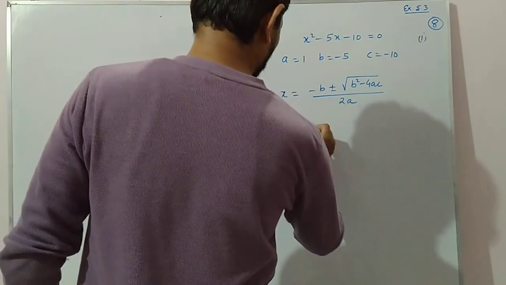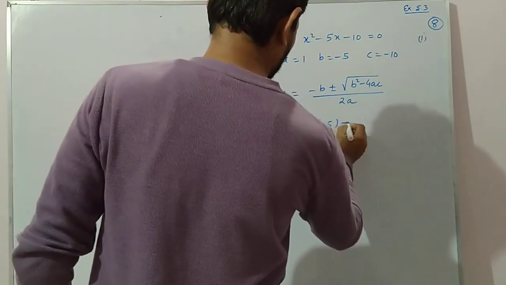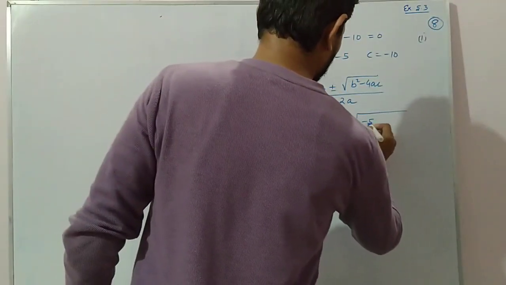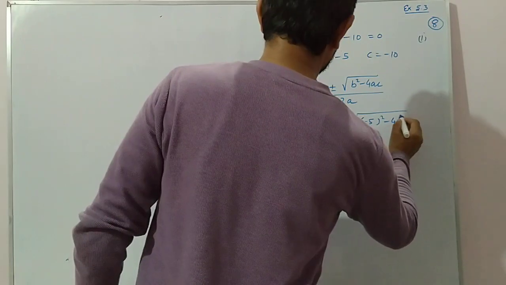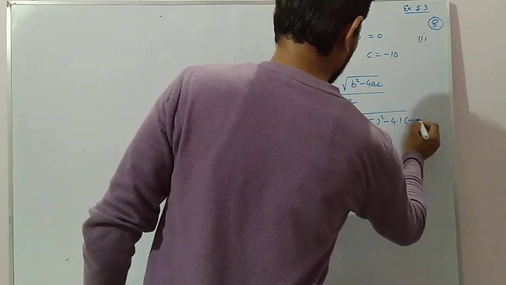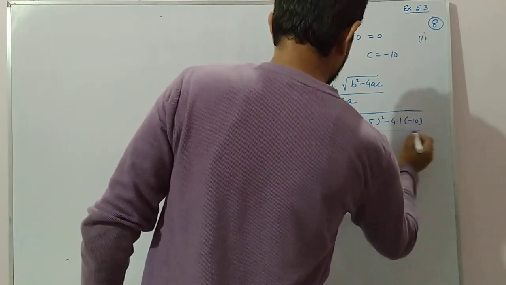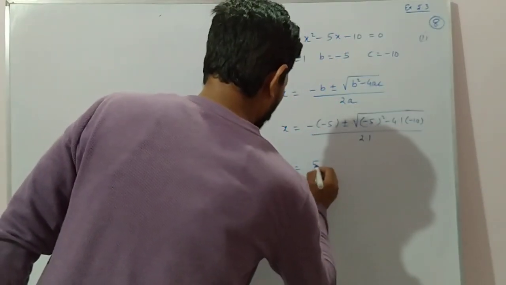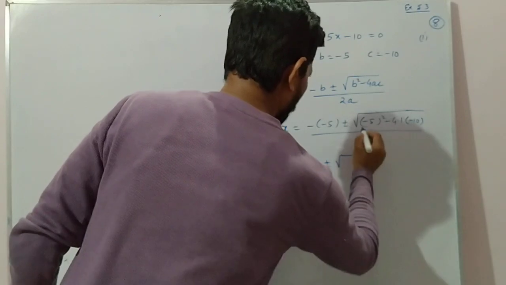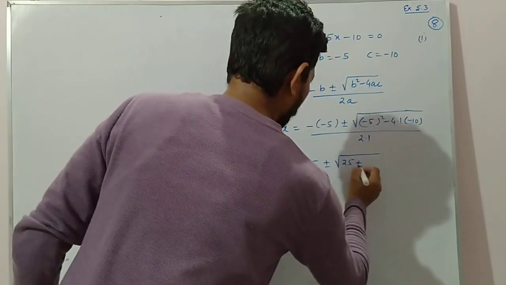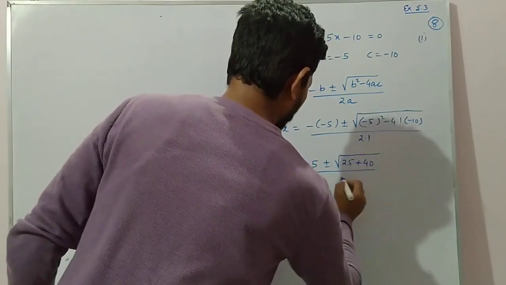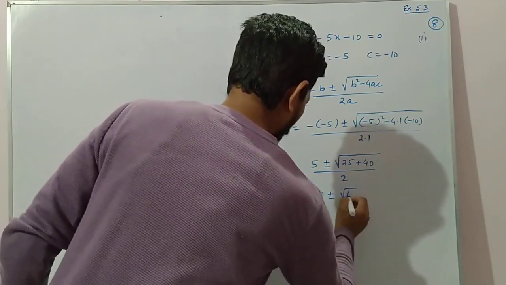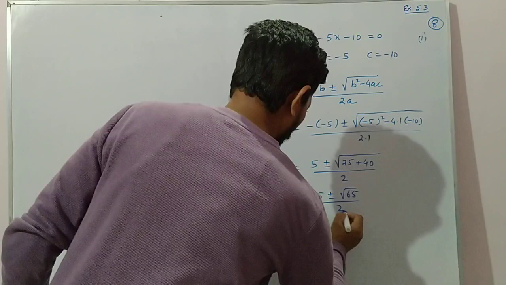So x equal to minus b, that is 5, plus or minus root over b square, that is minus 5 the whole square, minus 4ac, that is minus 10, by 2a. X equal to 5 plus or minus root over 25 plus 40 by 2. X equal to 5 plus or minus root over 65 by 2.